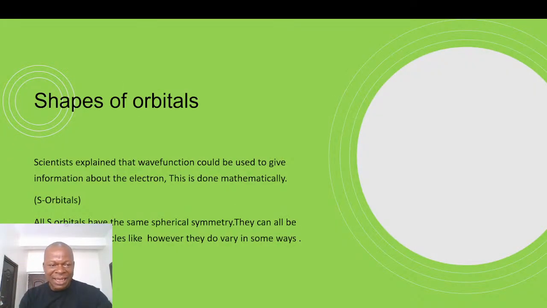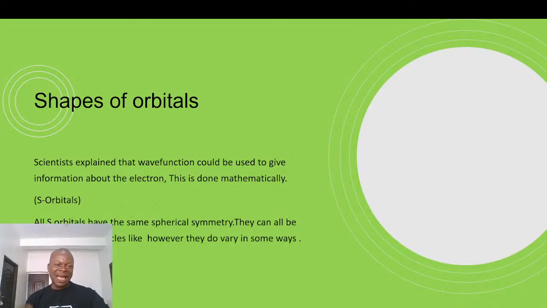So let's look at the next slide, which shows the shapes of these orbitals. The s orbital, p orbital, d orbital, and so on have different shapes.